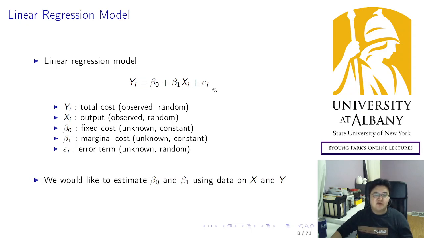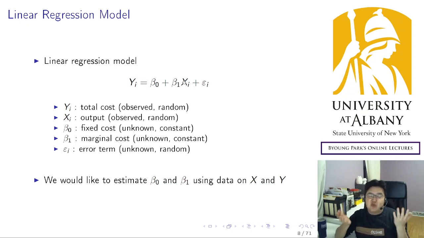It's a random error. So in sum, we would like to explain the cost using two parameters, fixed cost and marginal cost, and the output and error, right? Here, there are 5 objects, but you have to tell what is what, what is random, what is observed, what's not. First, the only 2 variables that we observe are y, the cost, and x, the output.